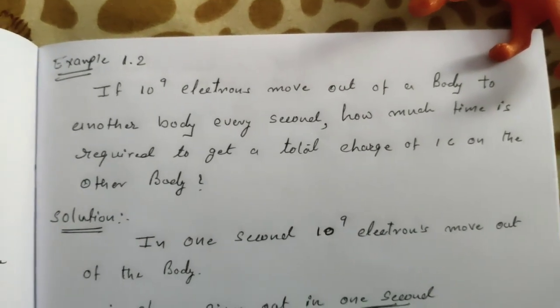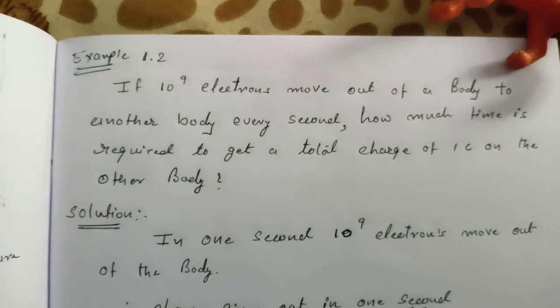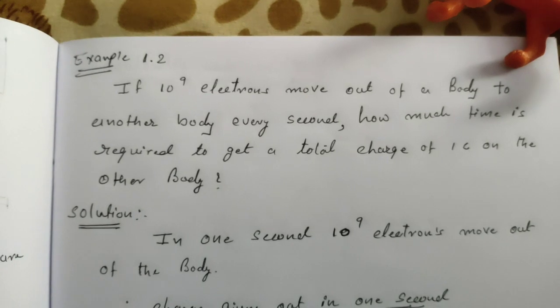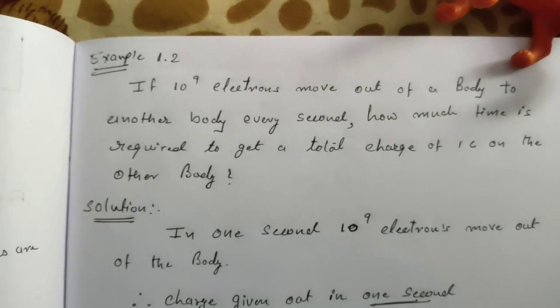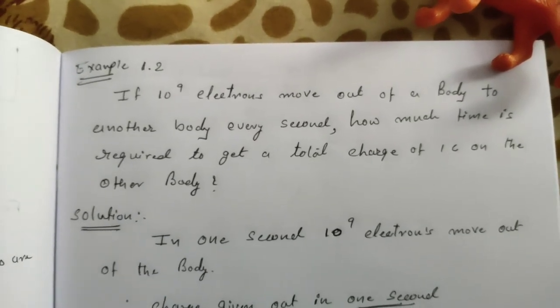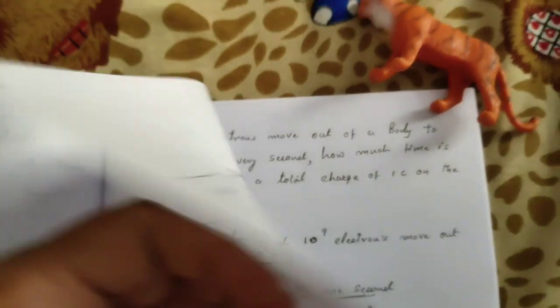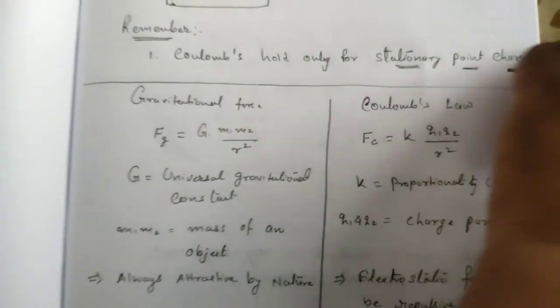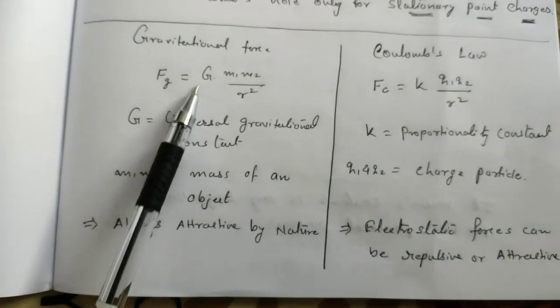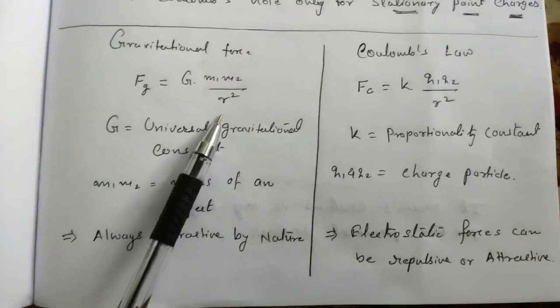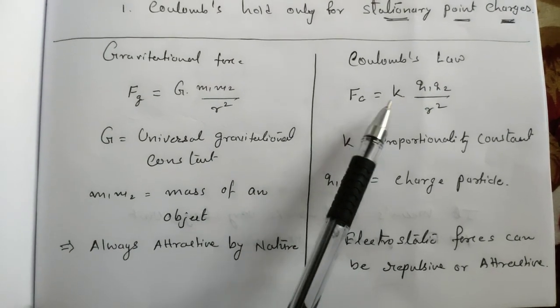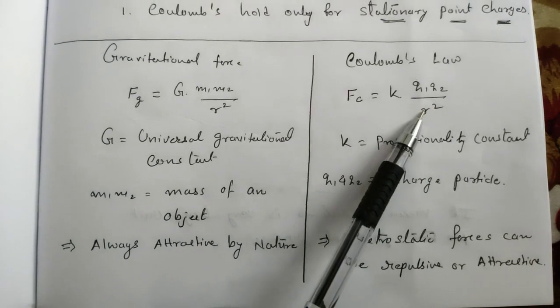Last time I gave you the homework regarding comparison between gravitational force and electrostatic force, which is Coulomb's law. In that case, you saw that gravitational force is denoted by Fg equal to G m1 m2 upon r square, and Coulomb's law is indicated by F equal to K q1 q2 upon r square.